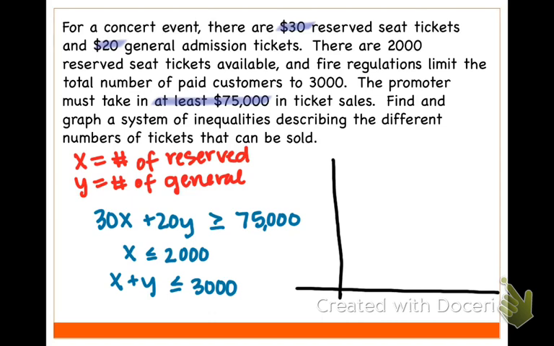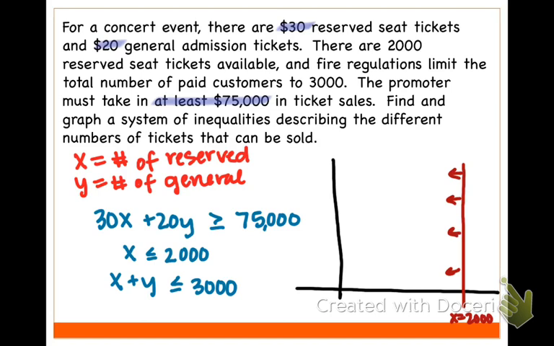So I can focus on just the first quadrant over here. And that x is less than or equal to 2,000. That's going to give me one of my boundary lines, which is going to be a vertical line when x is equal to 2,000. And I want to shade to the left of that, because I want x's to be less than that line.